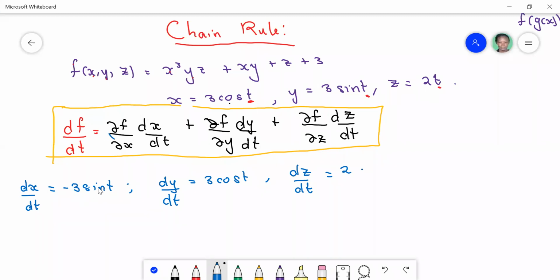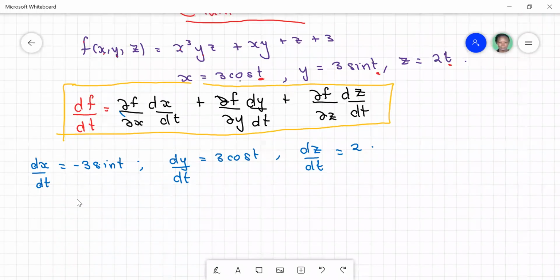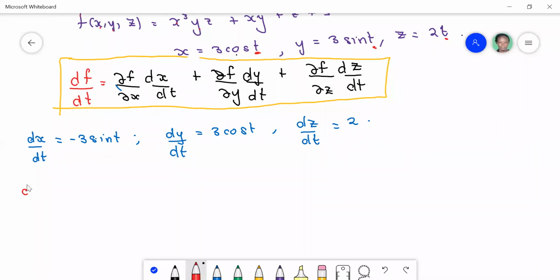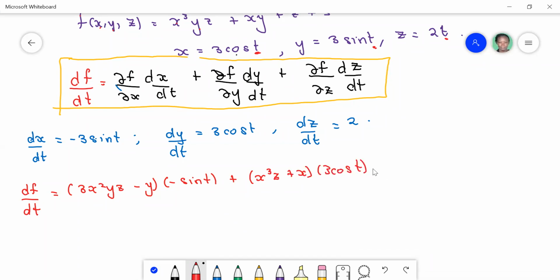So we multiply this by that and this by that. Now my df/dt is going to be the partial derivative of f with respect to x, that was 3x squared yz, times minus sine t, plus the z part, x cubed z plus x, times 3 cos t, plus the third part, the z part, x cubed y plus 1, times 2.